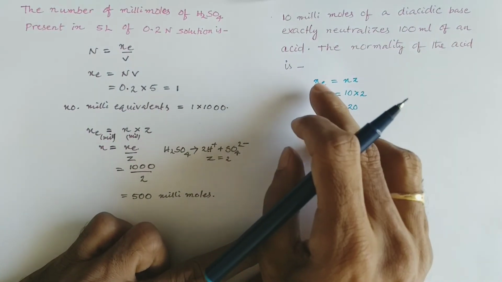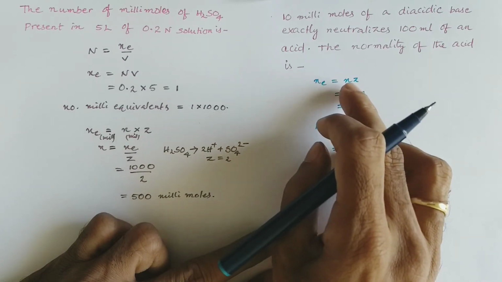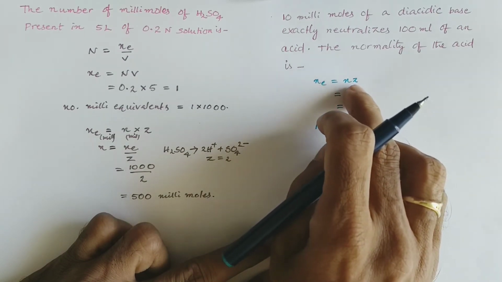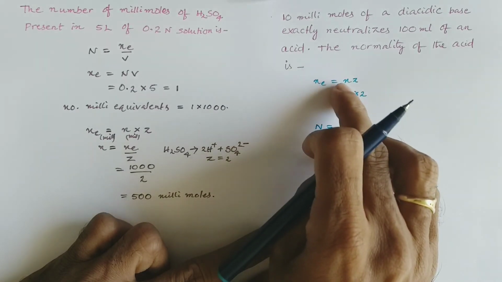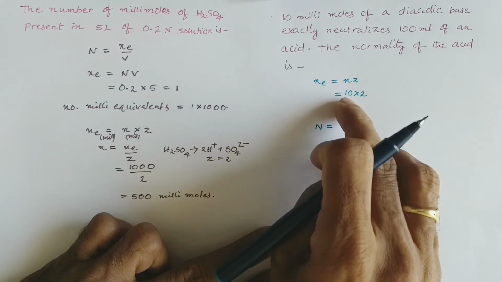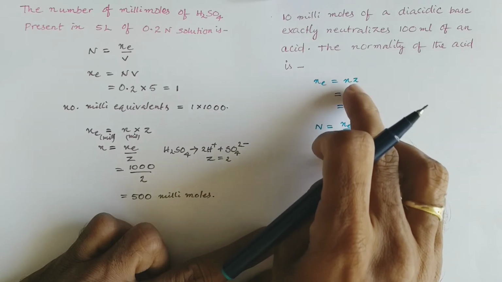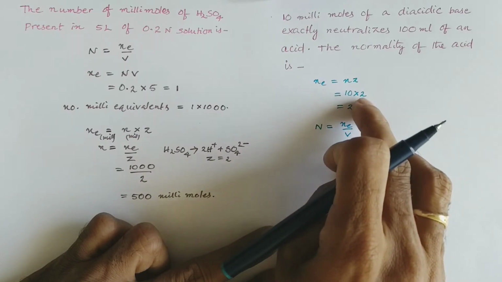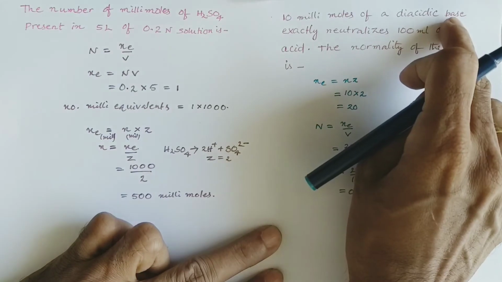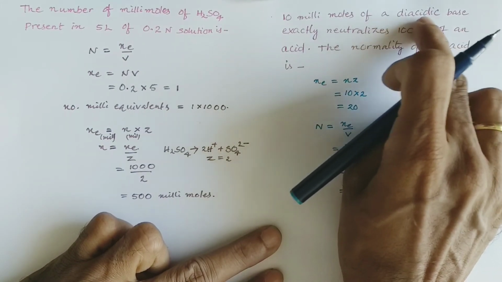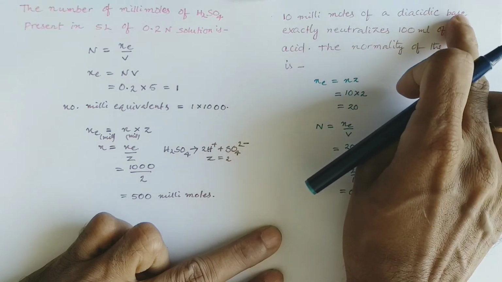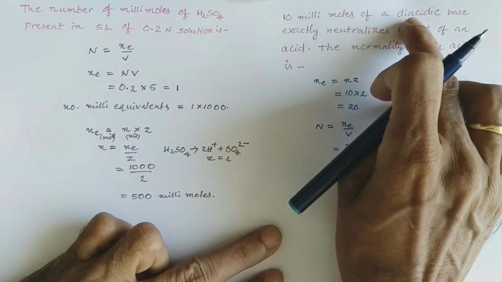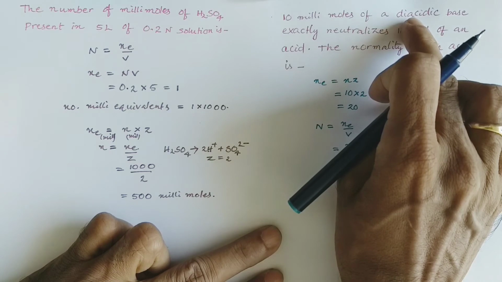Okay, number of equivalents is equal to what? Number of moles into valence factor, right? So number of equivalents is equal to number of moles into valence factor. Valence factor of this base is 2, because it is a diacidic base. Diacidic means this base gives 2 OH minus ions per molecule.